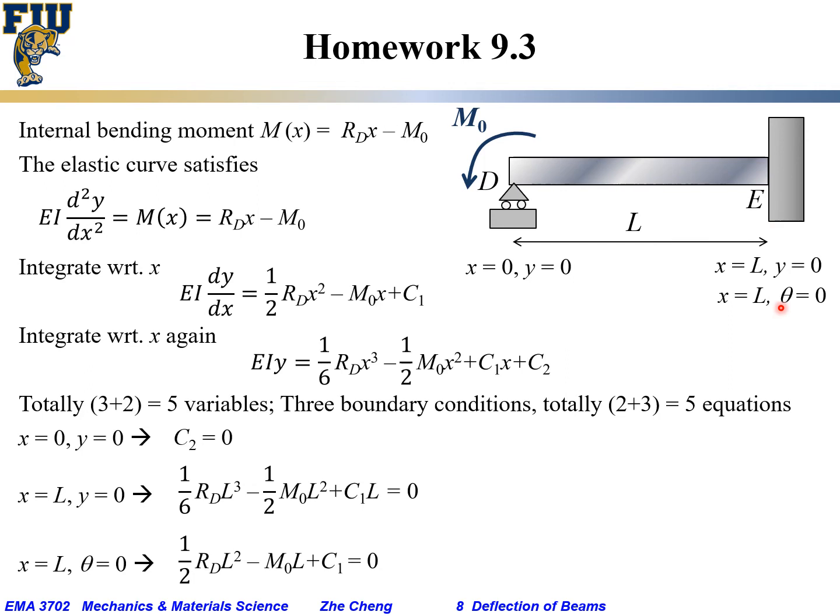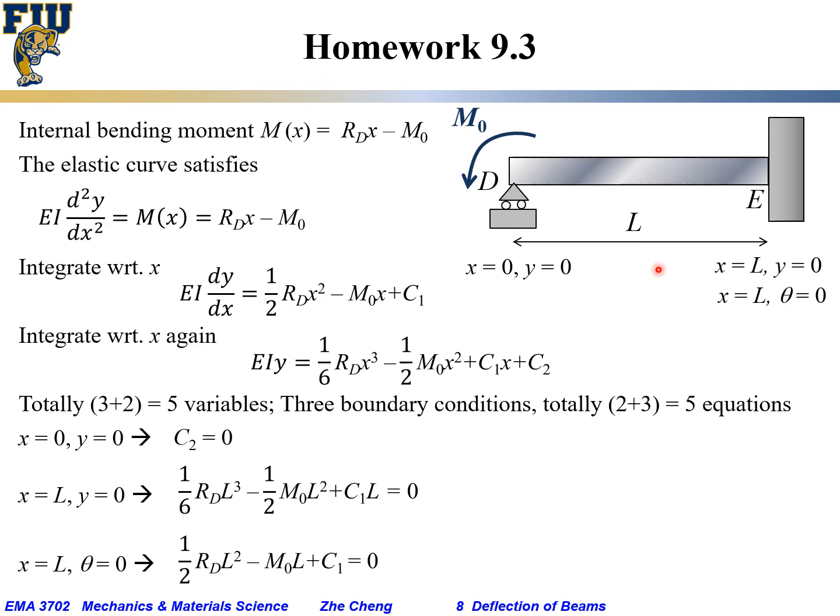So we have 3 boundary conditions, and 2 equations from balance of force and balance of moment. So 5 equations, 5 unknowns, in principle can be solved. In particular, at x equals 0, y equals 0 at point D, it means for this equation, with x equals 0, these terms are 0, and the C2 term is 0.